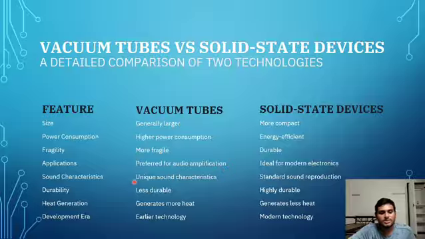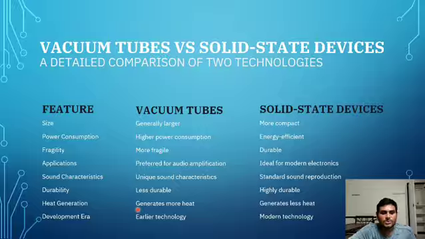Now, sound characteristic, unique sound characteristic, standard sound reproduction, as I already told you. Durability, so they are less durable and solid states are highly durable because vacuum tubes are dependent on heating elements that makes them less durable.